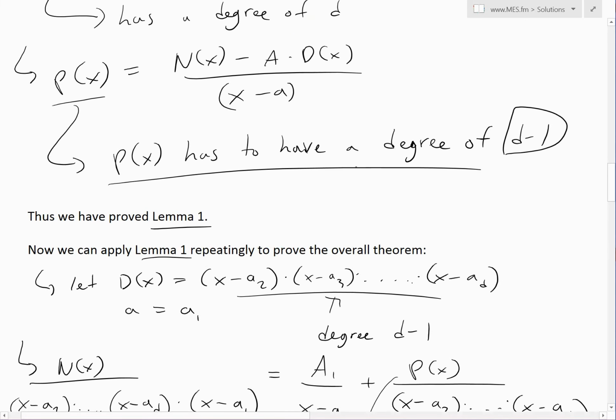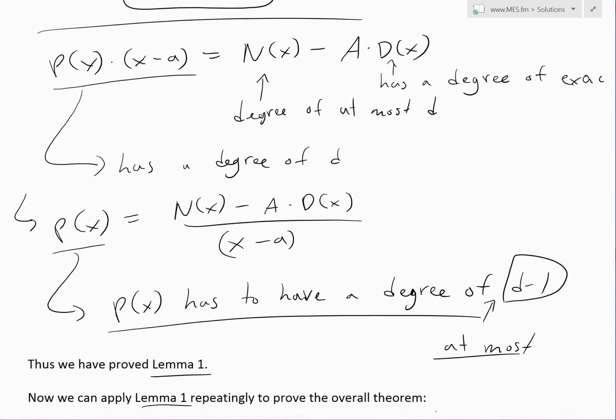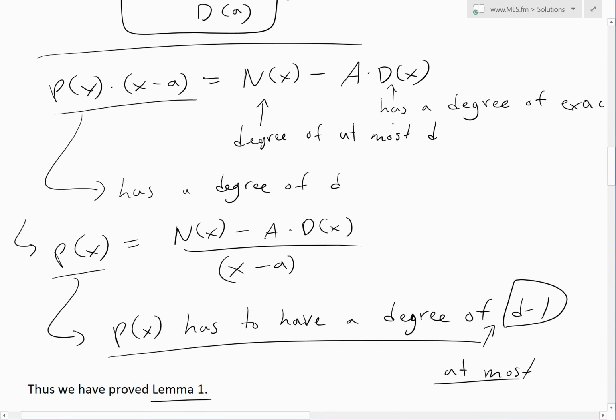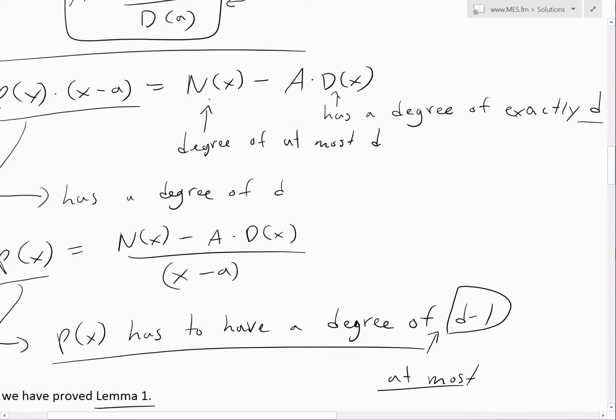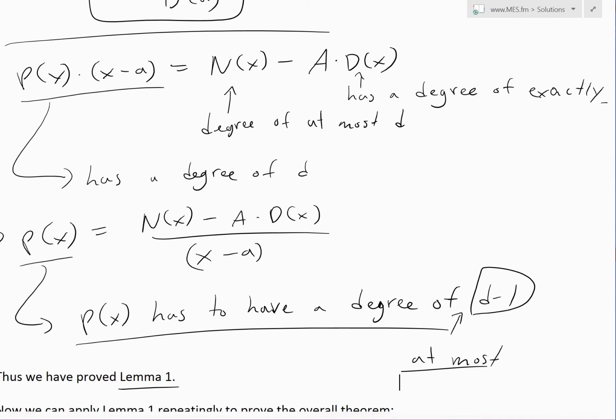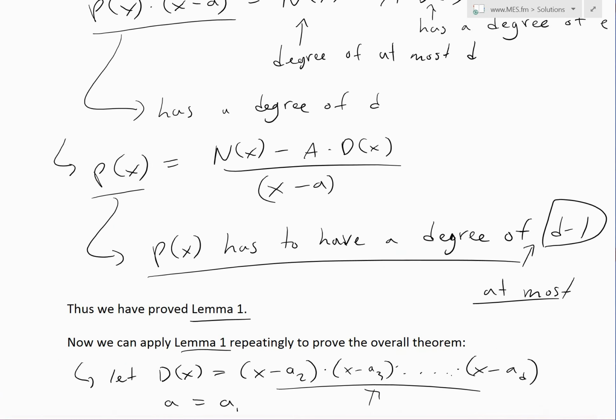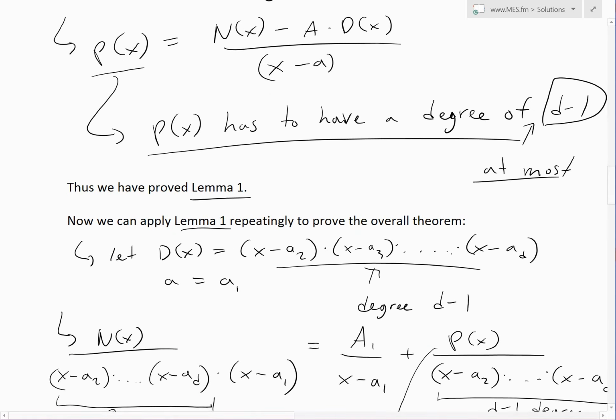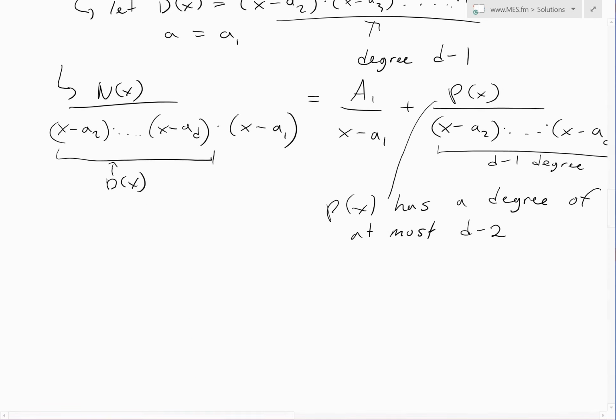Also, just going back here, this one has to have a degree of at most d minus 1. I just wanted to clarify that, and that's because this has at most degree d, and this has a degree of d. If this had a degree of d, you could eventually subtract the x to the power of d terms, and they would cancel, and you'd have a smaller degree. So this p of x could be just any power less than d.